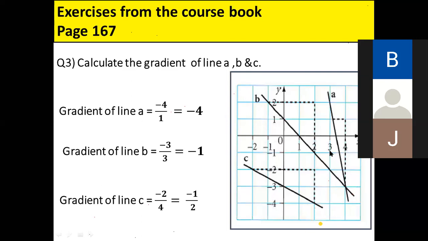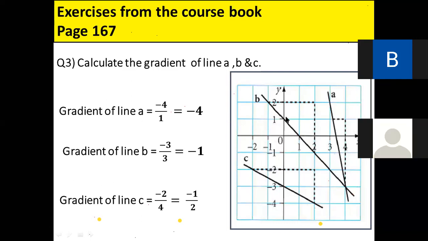How did we know it's decreasing? It's going down. As the values of x increase, the y values decrease and go negative. Okay? For the lines going up, we calculate and divide by the other line. Is it always given, or do they give it to us in the question? No, they won't draw it for you. You choose any 2 points, for example 1 with 0 and 0 with 1, to see how many units up and how many units down. Remember this is decreasing, so you go 1 unit down, meaning negative 1, then 1 unit to the right, so it's negative 1 divided by 1, and your answer is negative 1. If you choose any 2 points on the graph, Bashar, and find the gradient between them, you will get the same gradient across the line. Is that clear? Yes, okay.